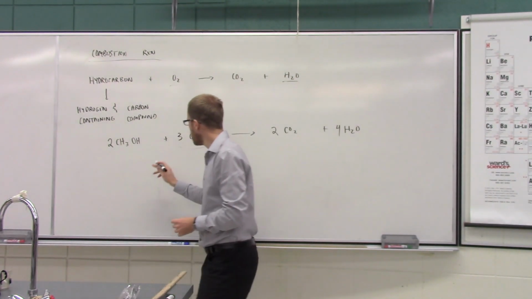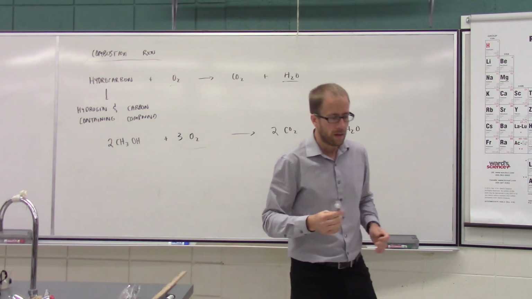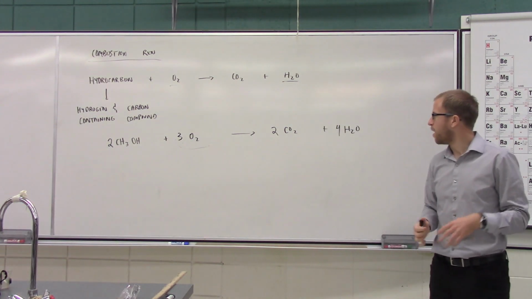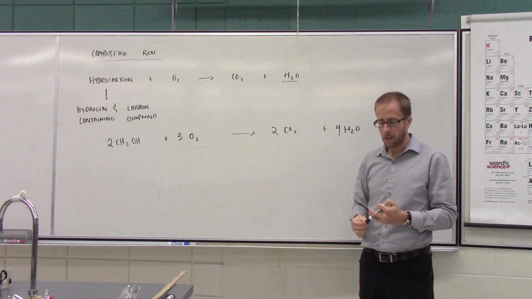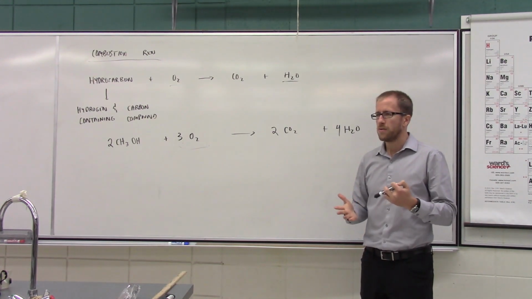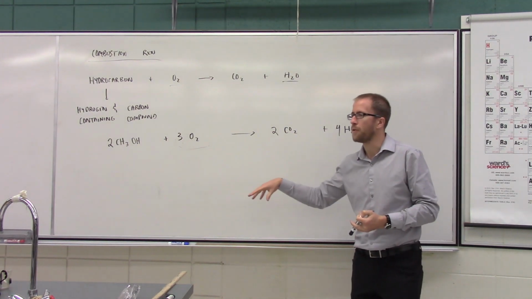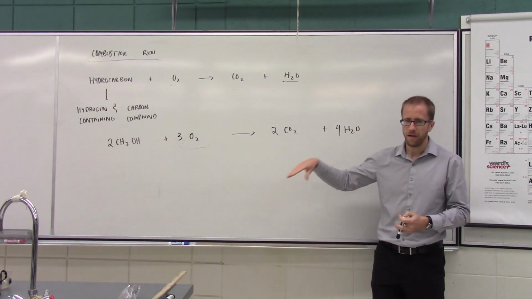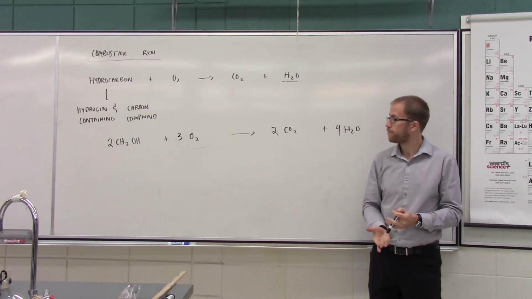If I put a 3 here, now I have 6 plus 2 is 8. How can I double check to make sure I've done it right? What can I always do? Recount, right? So really you shouldn't be asking me for any balancing problem, hey Mr. Salt, did I balance this correctly? You can always double check yourself. It's a good habit to get into as well.